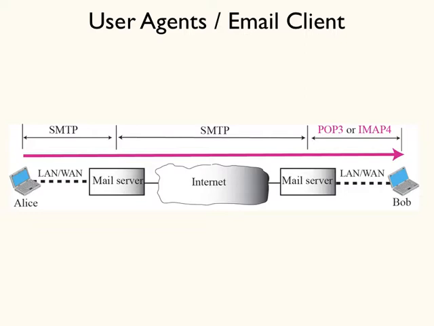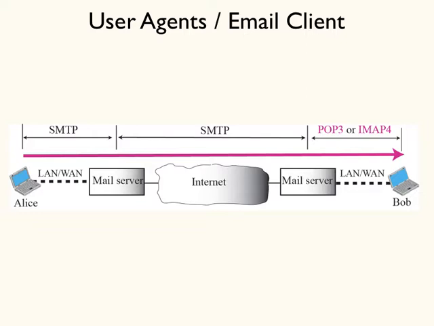But obviously, a lot of things can happen in between. First, this mail server has to know the IP address of the other mail server, but probably it's not specified as an IP address. Probably it is specified as a domain name. So DNS will be involved. This mail server needs to figure out the IP address of the other mail server using DNS.